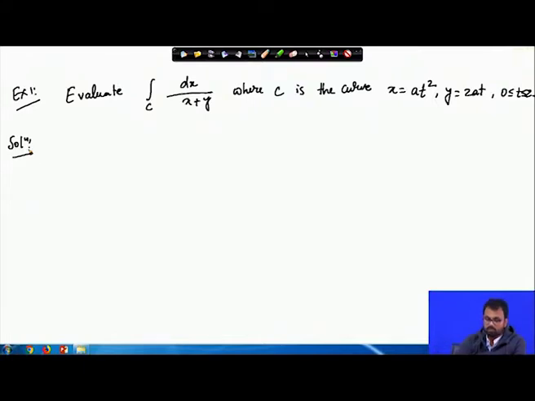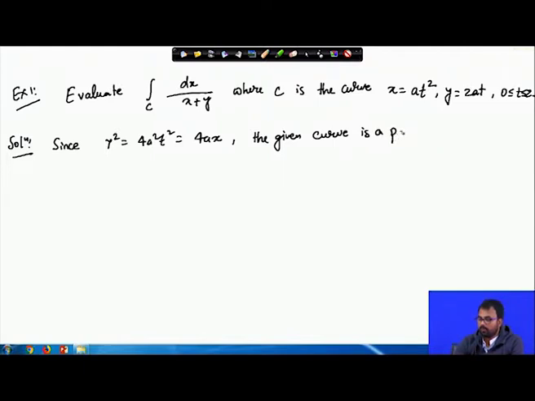Because if we square y, then y square equals 4a square t square, which can be written as 4ax. So the given curve is a parabola, and since it is of standard shape, we don't need to draw this parabola as well.